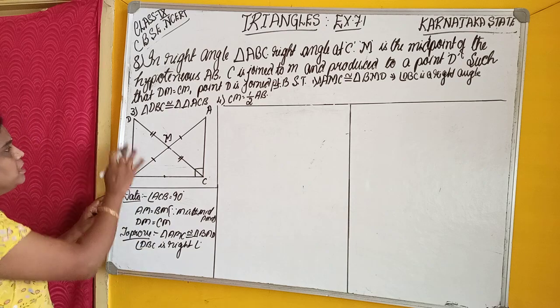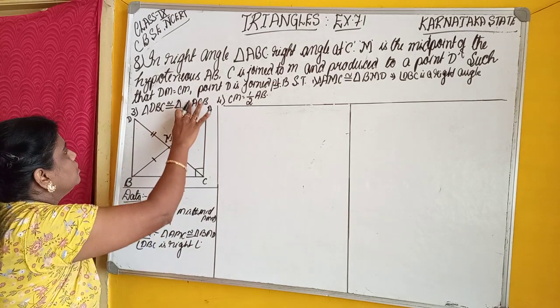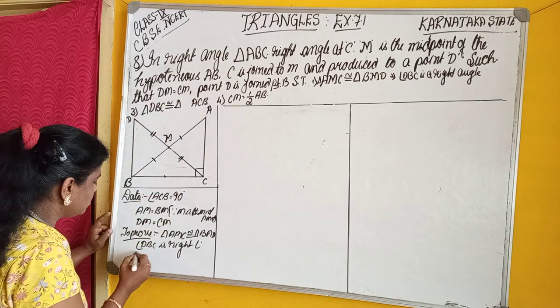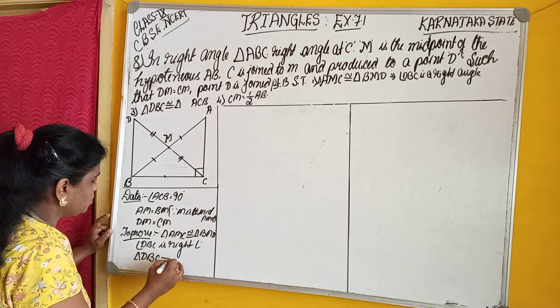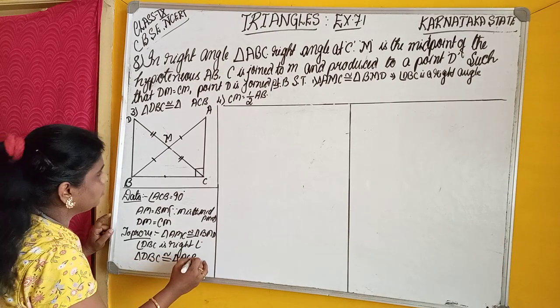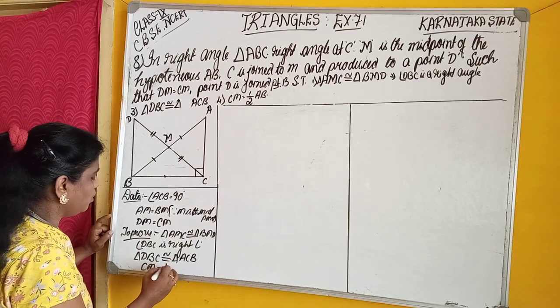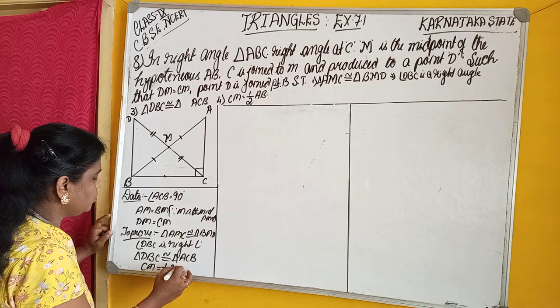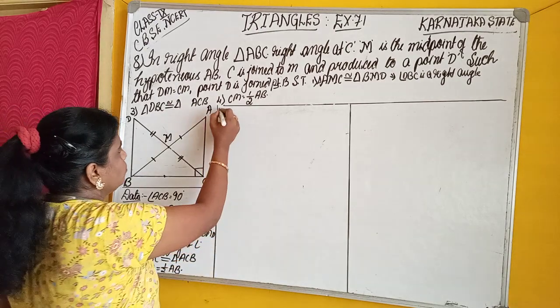And triangle DBC and triangle ACB are congruent. We have to prove. And also CM is equal to half of AB. We have to prove. Now let us take the first part to prove.